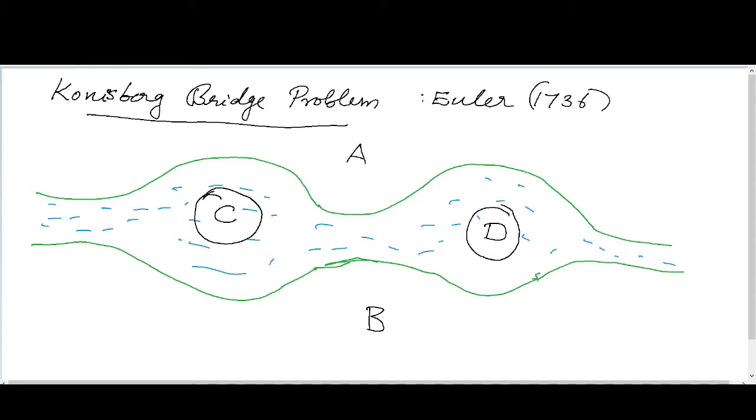Now we want to draw the 7 bridges also. This is one bridge. This is our second bridge. Now this is the third bridge. This is the fourth bridge. This is our fifth bridge.